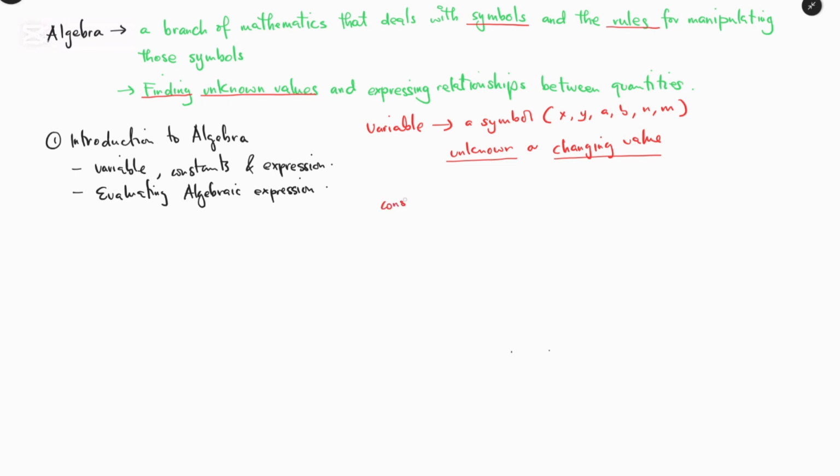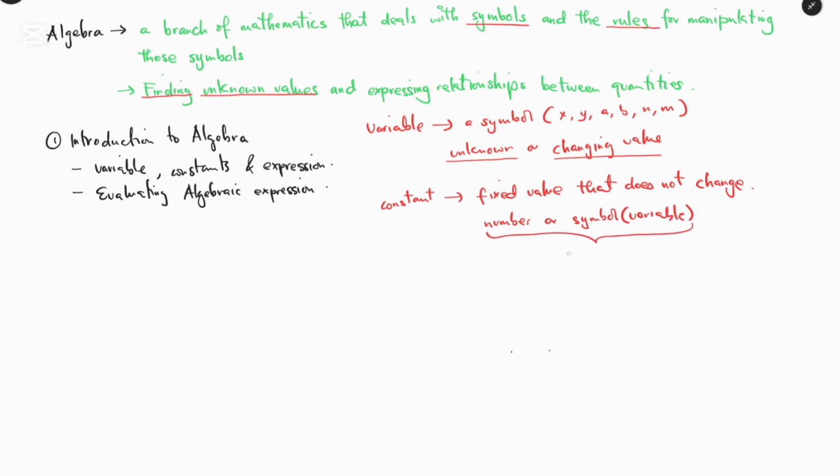And the term constant, when you hear the word constant, that means a fixed value. A fixed value in an equation that does not change. And it can be a number or a symbol. And this number or symbol, they do not change. So they are fixed and we call it the constant.